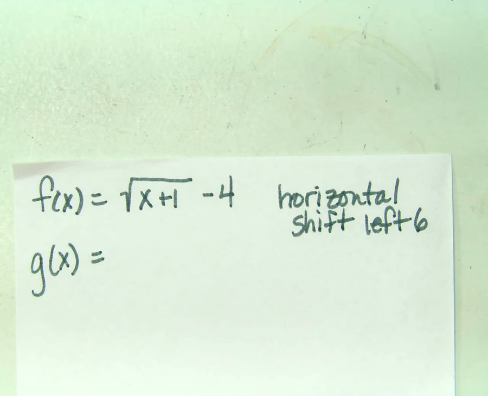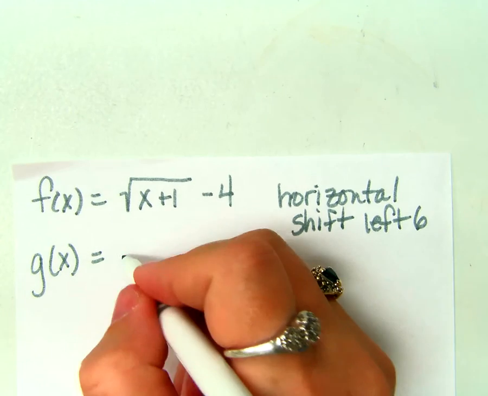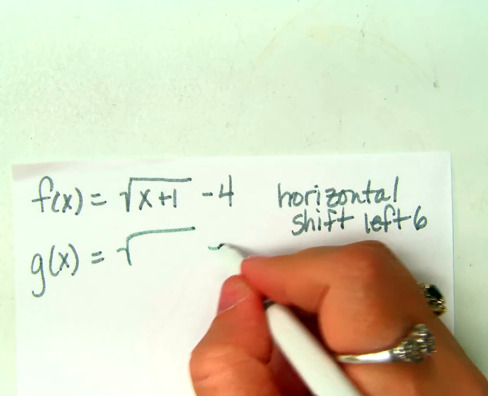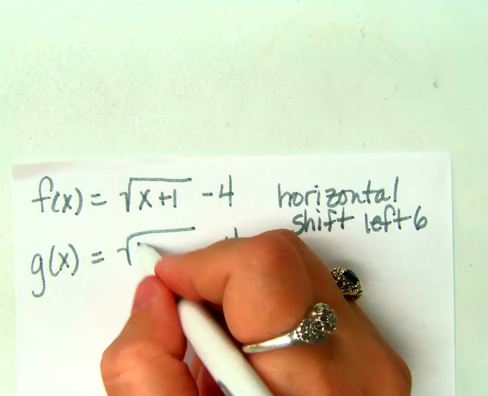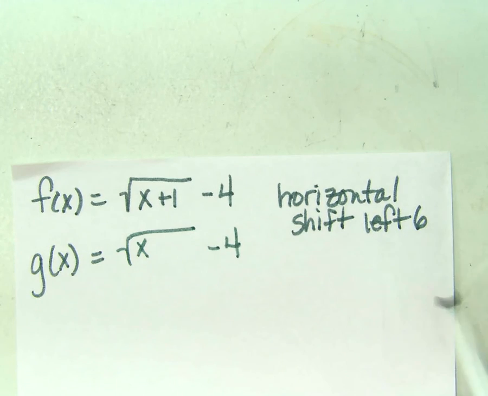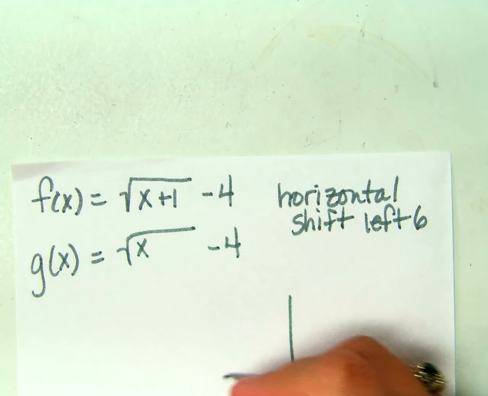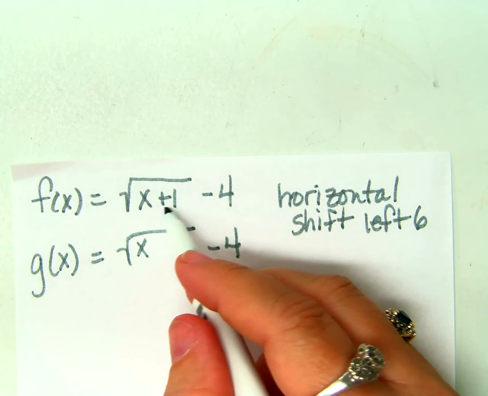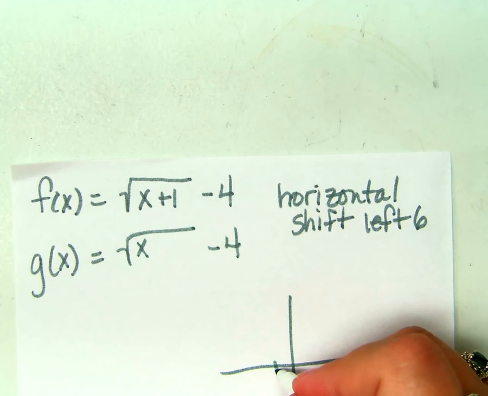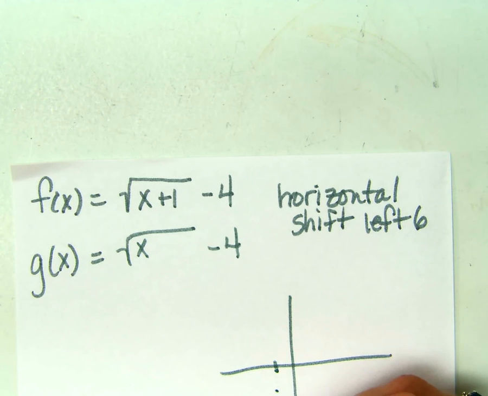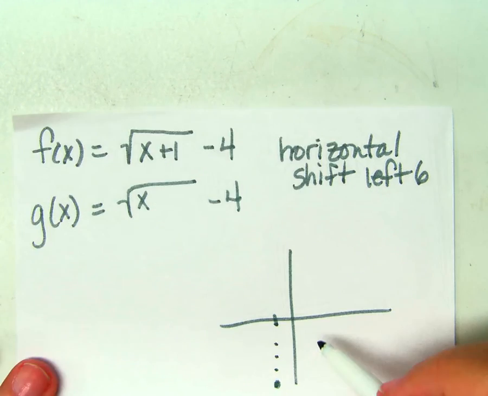Horizontal affects the x or the y, the inside or the outside? The inside. So I'm still going to have this here, and I'm still going to have this here, right? Okay. It's already, okay, hold on. If I graph this, it has already moved left 1 and down 4, right? Whoa, sorry.